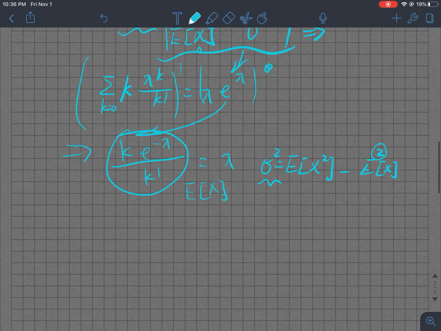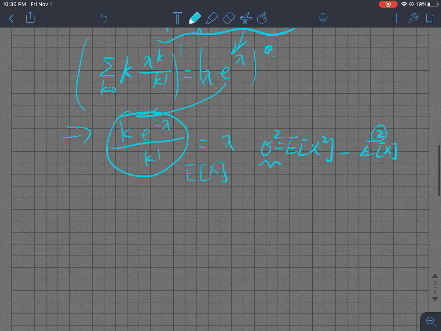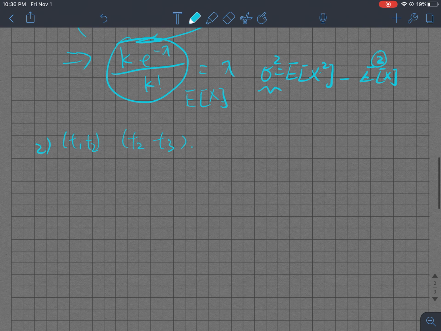And for the second question, we need to discuss T1, T2, and they are not overlapping. And the first thing we need to do is calculate R(T1, T2). And this is the same as we have already mentioned in the previous problem.